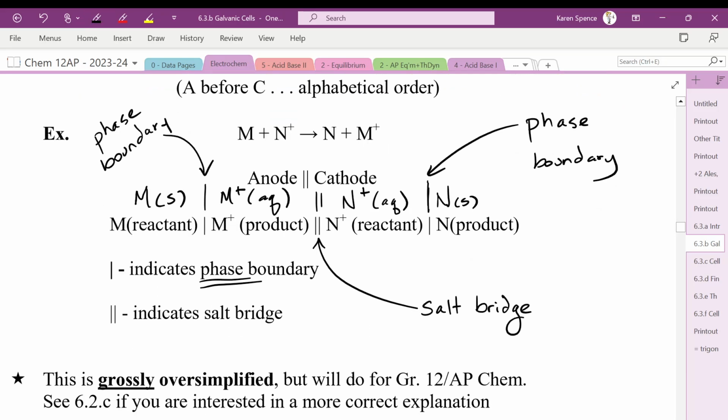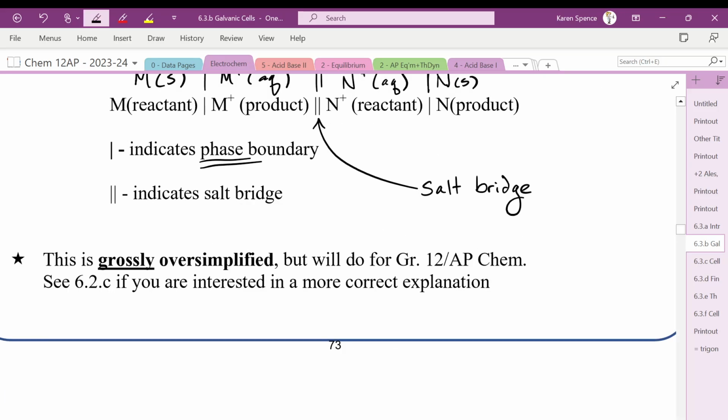So if you go off to university, there's all kinds of other stuff happening, because you will sometimes have inert electrodes at which things take place, and the electrode is neither the reactant nor the product, but it does appear in the line diagram. But you don't need to know how to do that. Should you have any desire to learn how to do that, you can go see 6.2c. It should say 6.3c.